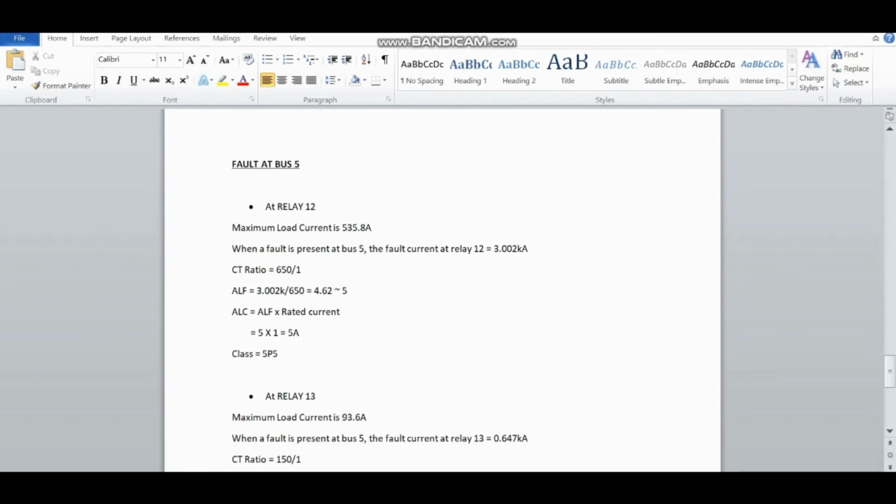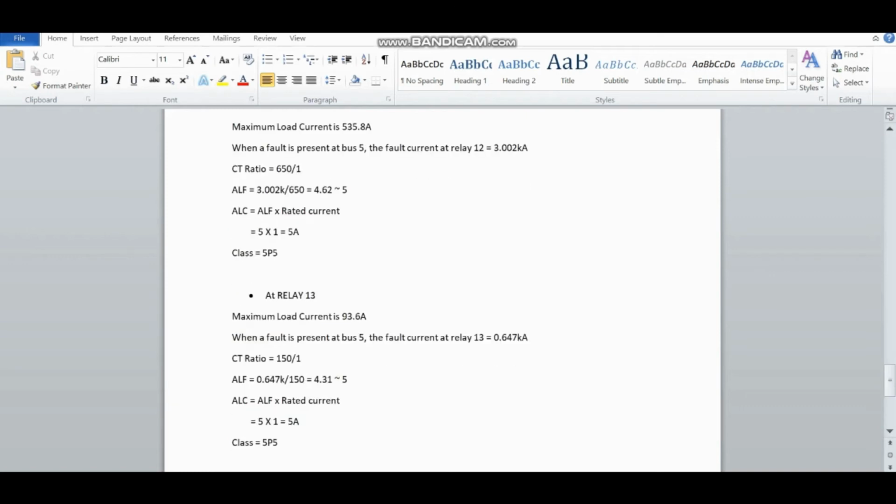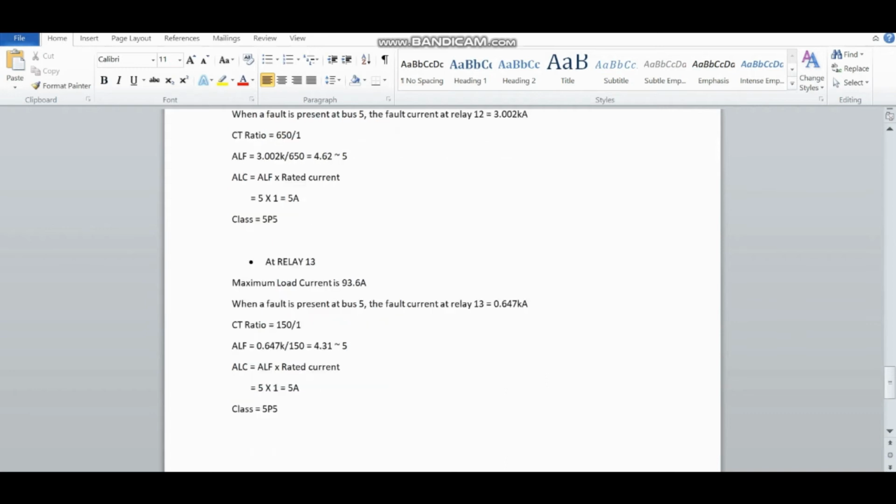So this is the setting for relay 11. And then at bus 5, we can see that the fault current at relay 12 is 3.002 kA. Then the accuracy limit factor is nearest to 5, and accuracy limit current is 5 ampere. Then the class is 5P5. And for relay 13, the fault current at relay 13 is 0.647 kA, and the accuracy limit factor we calculate is 4.31, nearest to 5, and accuracy limit current is 5A, and the class designation is 5P5.